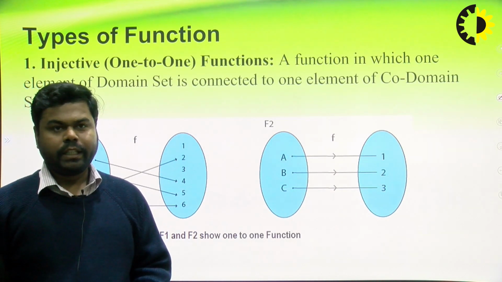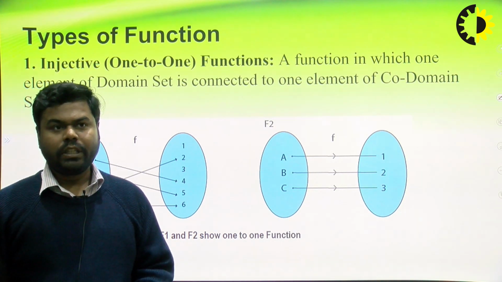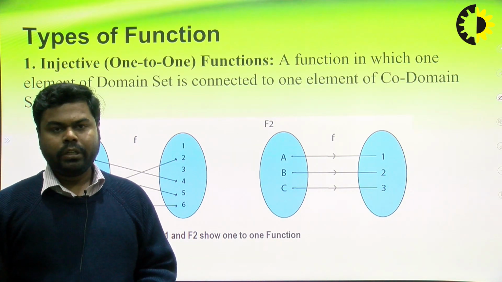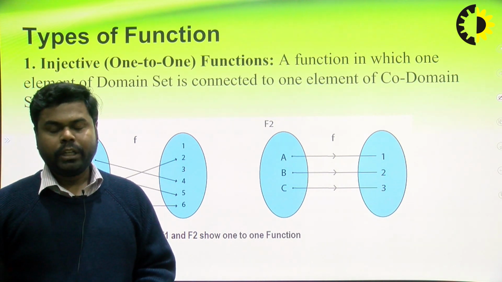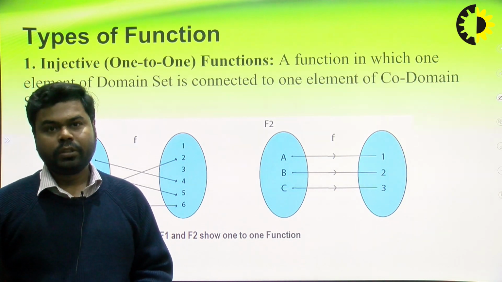So first, injective function. The statement of an injective function is that it is a function in which one element of the domain set is connected to one element of the codomain set. First we have to know what is domain and what is codomain.